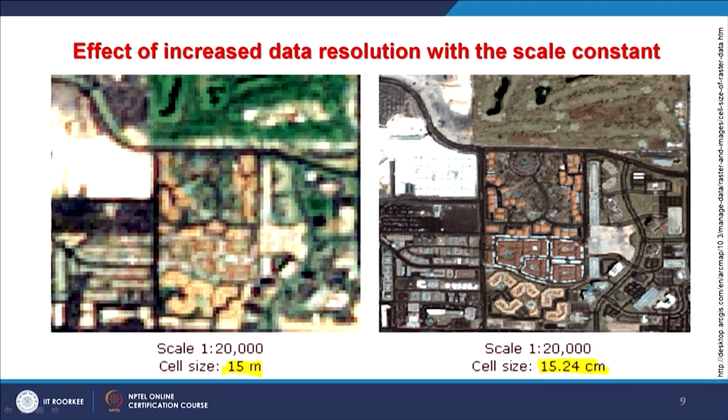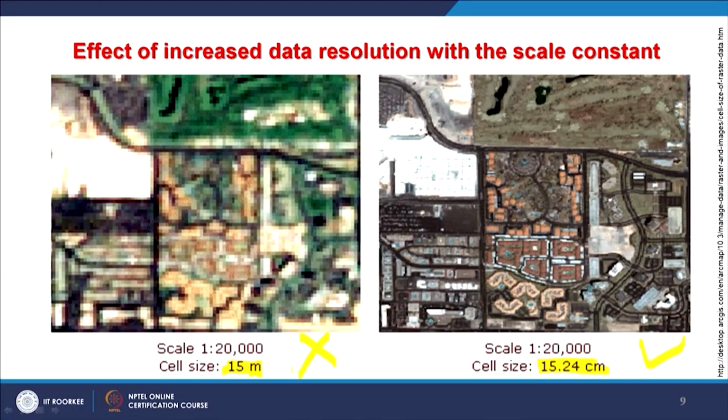This is 1500 centimeter and this is 15.24 centimeter, meaning there is a huge difference, 100 times difference between spatial resolution, and therefore these pixels are getting dissolved and you are getting a very good quality satellite image here as compared to this one.